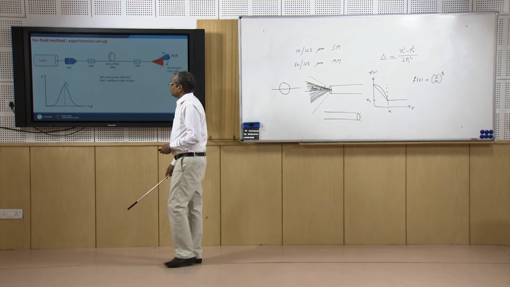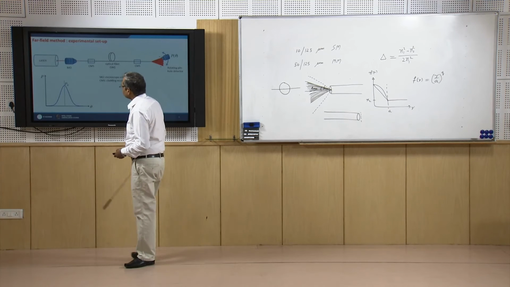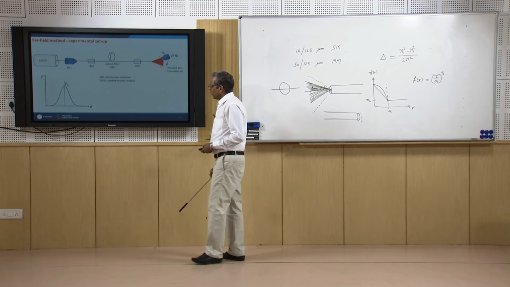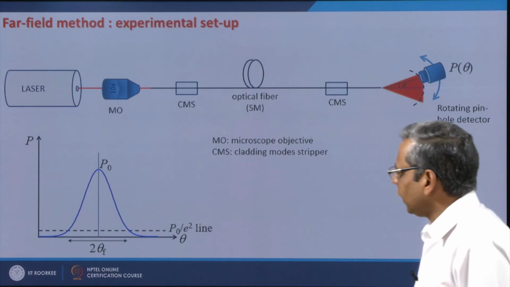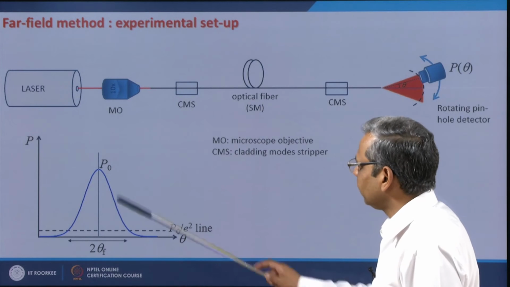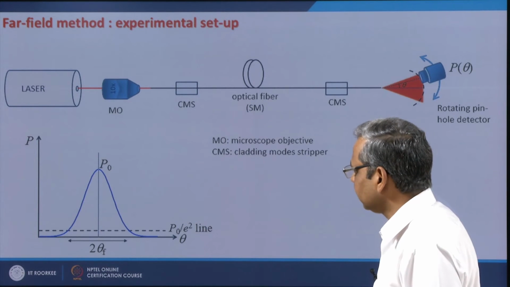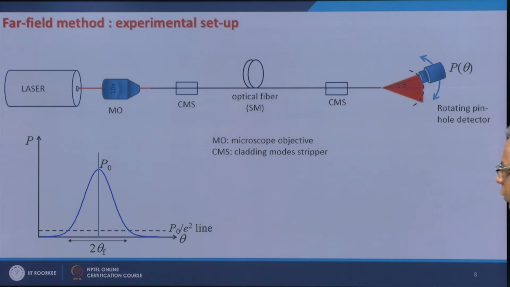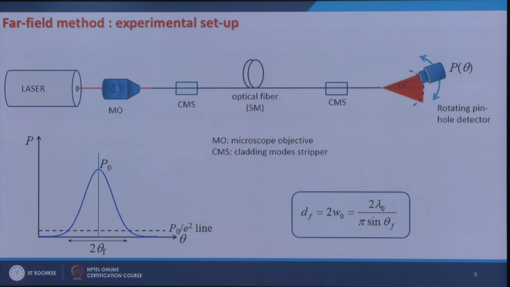When I plot it, it looks like this, and then to find out theta f, I draw a line which corresponds to P0 over e squared, where P0 is the peak intensity here, and I measure this angular width. This is 2 theta f, and from here I can get df, which is the mode field diameter.